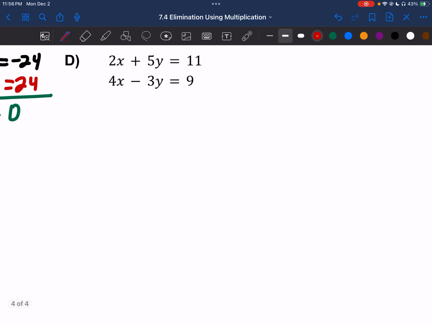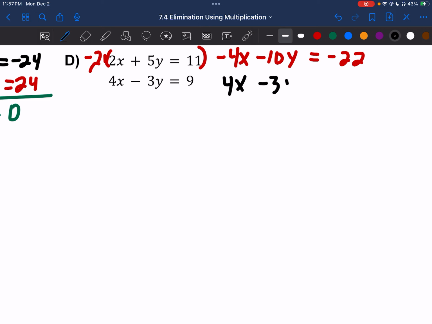And letter D. If I look at this one, I could multiply my first equation by negative 2. And so I'll get negative 4x minus 10y is equal to negative 22. Second equation remains the same. 4x minus 3y is equal to 9.